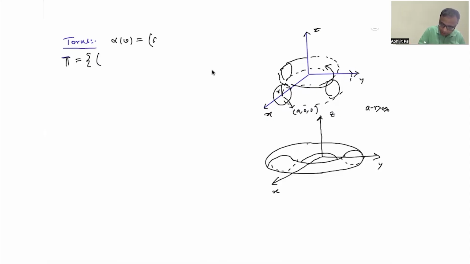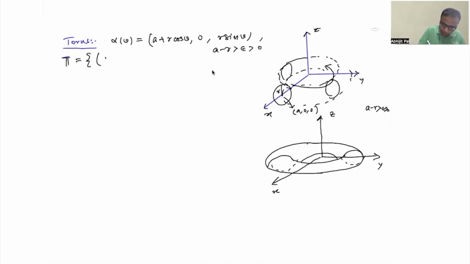It will be (a plus r cos b, 0, r sin b), and this a minus r is greater than some positive number. So this I have taken.